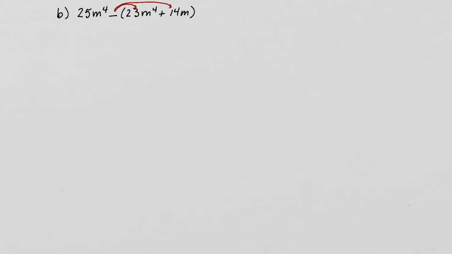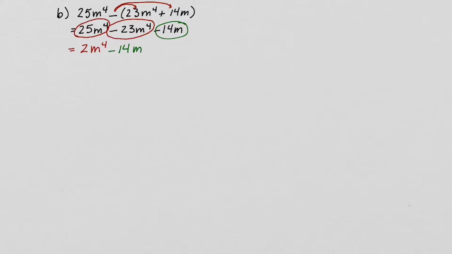So this becomes 25m to the fourth minus 23m to the fourth minus 14m. Now the pieces that are alike: the first piece has an m to the fourth, and the second piece has an m to the fourth. So 25 minus 23 is 2m to the fourth. And the minus 14m is all by itself, so I'm just going to subtract off 14m. That's it. You can't put anything else together because nothing else goes together.